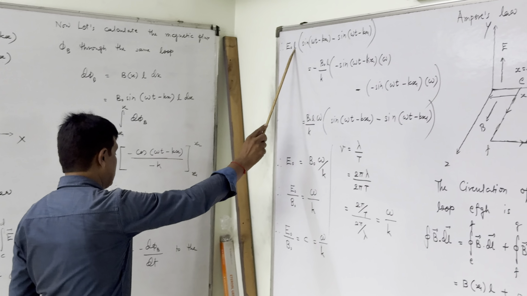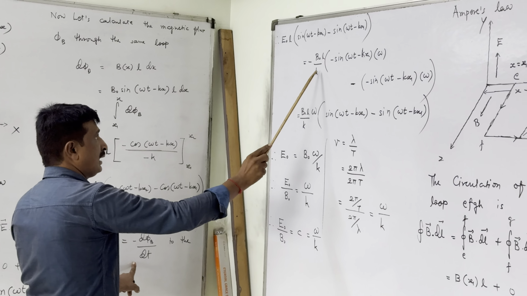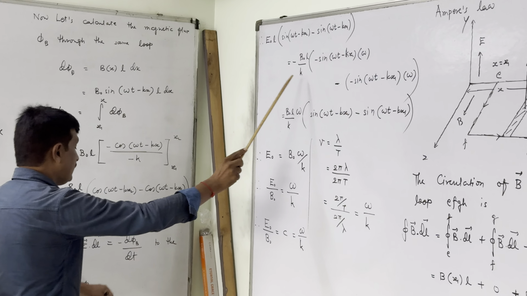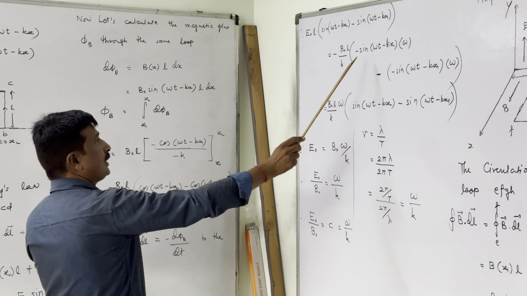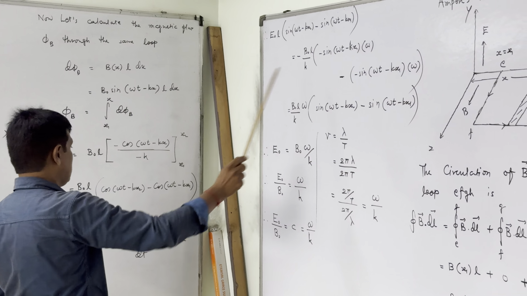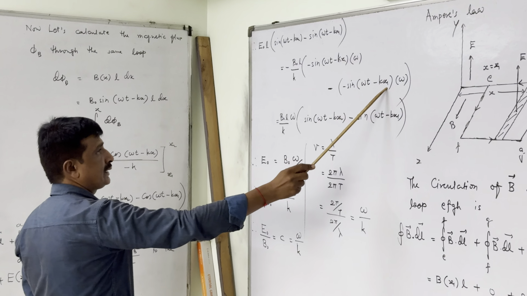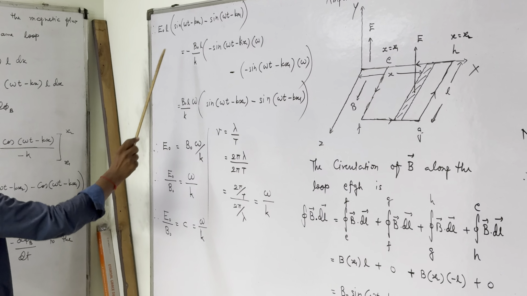This one we have replaced, and minus d phi B by dt is minus B naught L by k times the derivative of this term. So minus sin(omega t minus kx2) times omega minus sin(omega t minus kx1) times omega. Minus plus minus, this one is also minus.